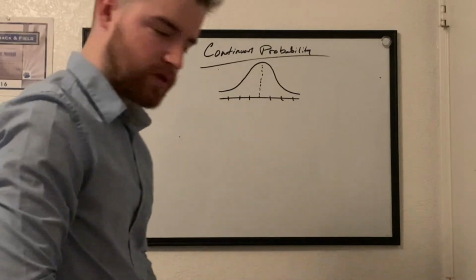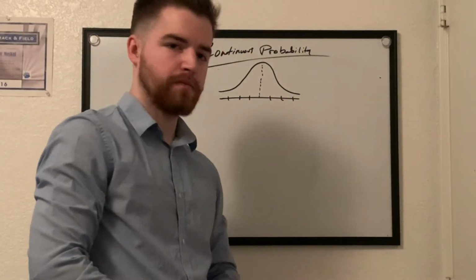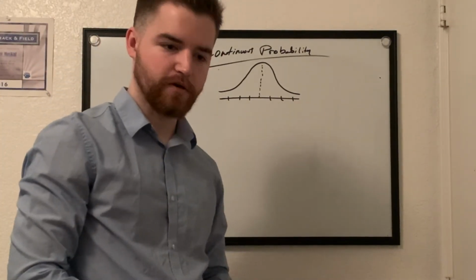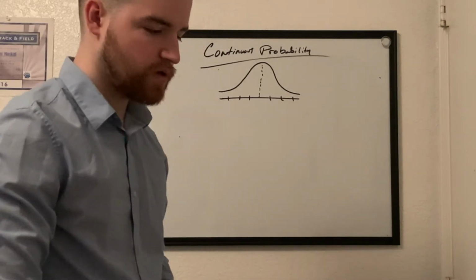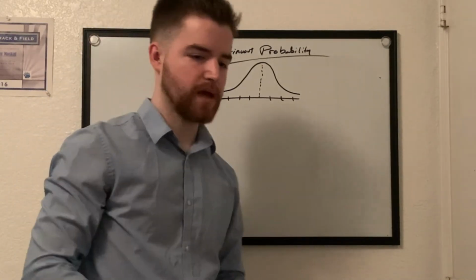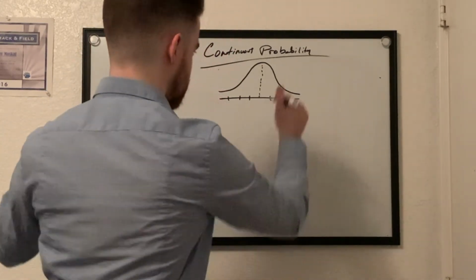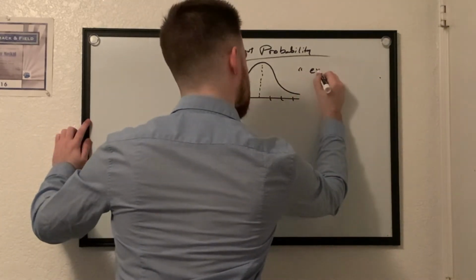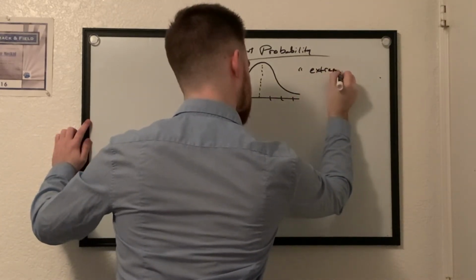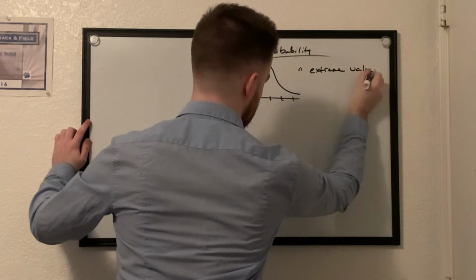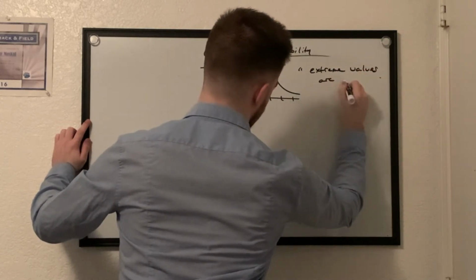It was constructed by Gauss himself. It is used in so many areas, but the main idea of it is that extreme values are unlikely.